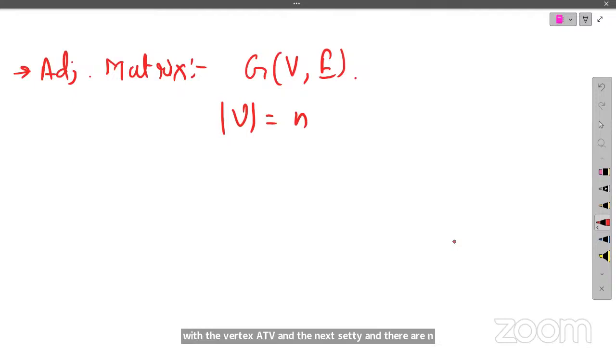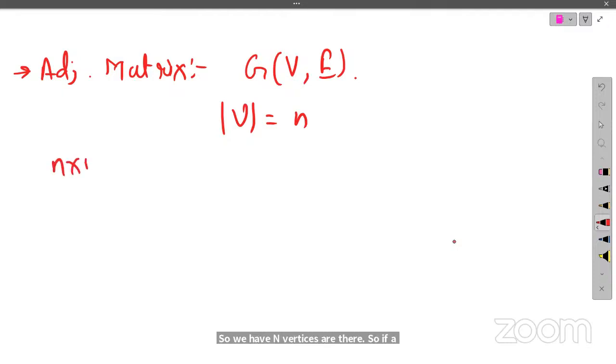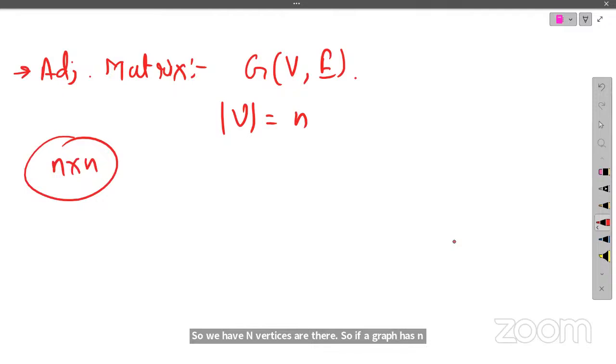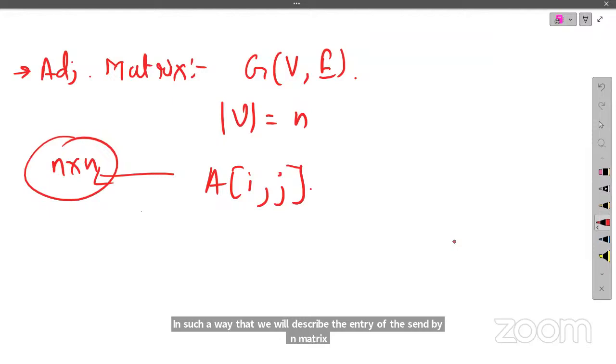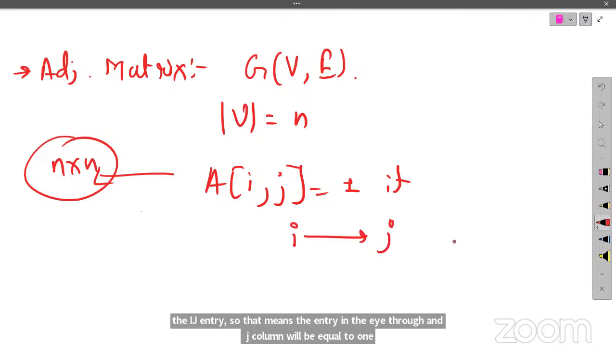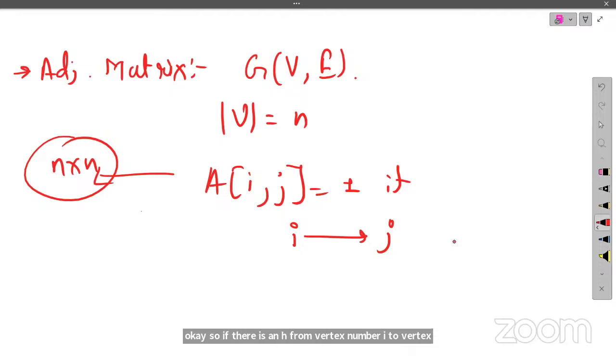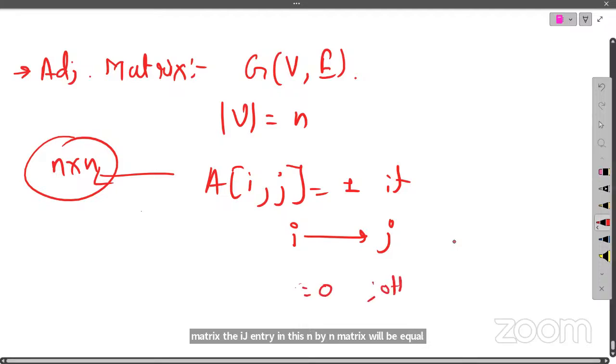So if a graph has n vertices, then we can assign an n by n matrix, meaning n rows and n columns, in such a way that the ijth entry, the entry in the ith row and jth column, will be equal to 1 if there is an edge from vertex number i to vertex number j. Otherwise, it will be equal to 0.